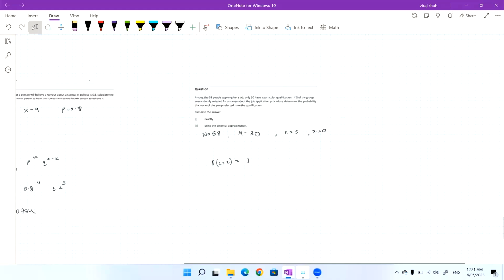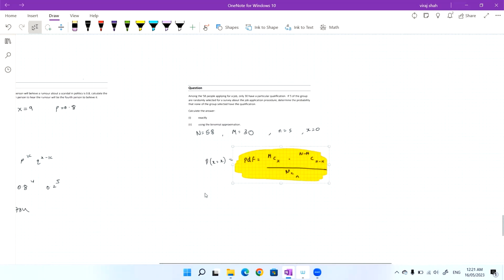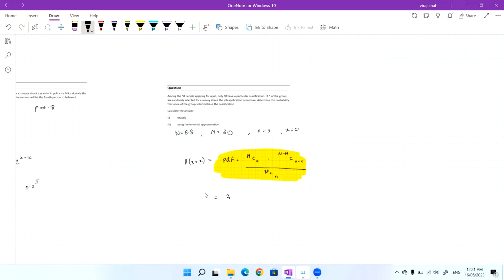The PDF is nothing but MCx, which is equal to 30Cx, where x is 0, so 30C0 multiplied by N minus M, 58 minus 30, which is 28C n minus x, 5 minus 0 is 5, upon NCn, 58C small n, which is 5.